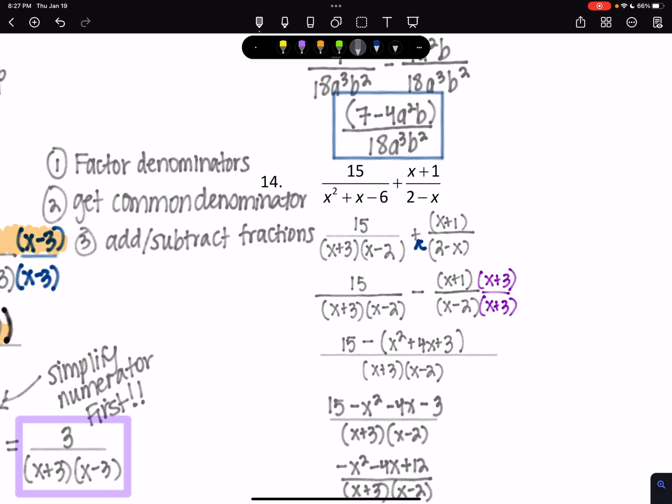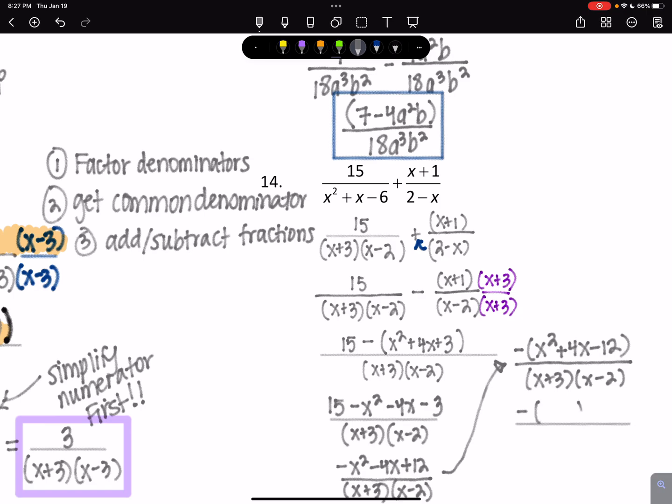And in order to make sure that my fraction is in its simplest form, I need to factor the numerator and look for common factors that will cancel out. So I'm going to factor out a negative. It's going to leave me x squared plus 4x minus 12. And I believe that does factor.